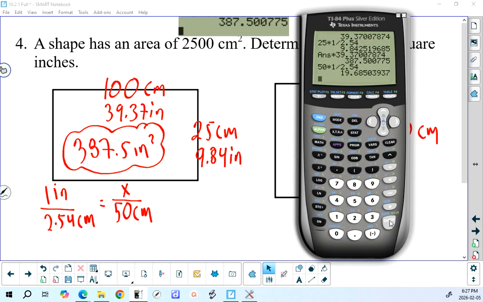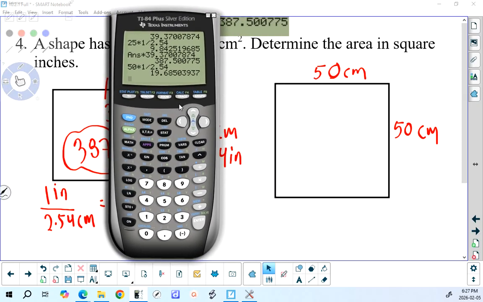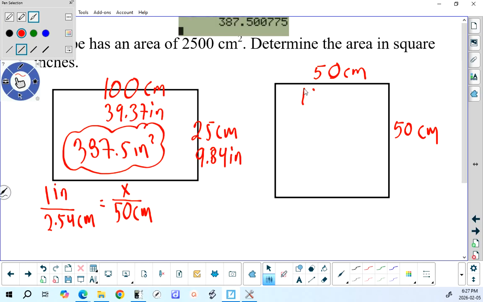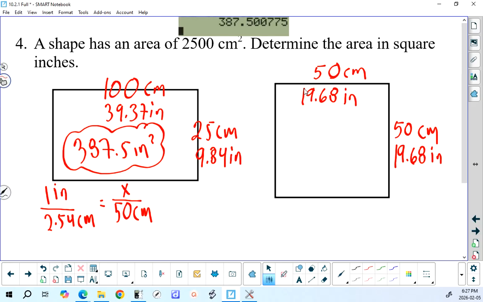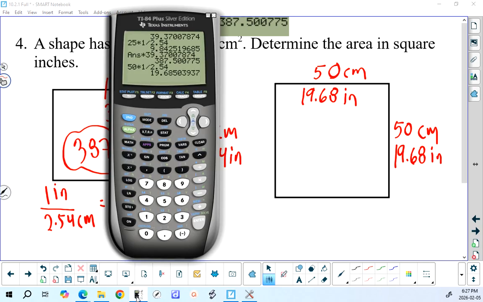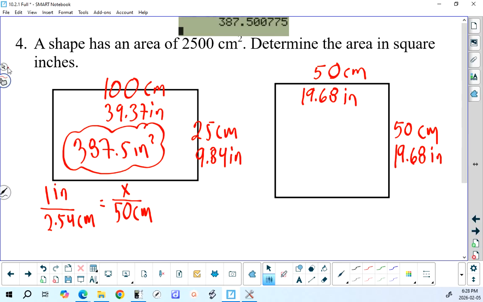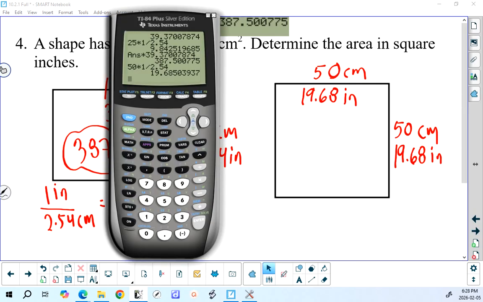You would have gotten 19.685 inches for both of these. Well, what happens if you take that answer times itself? You get 387.500775. You get the same thing.